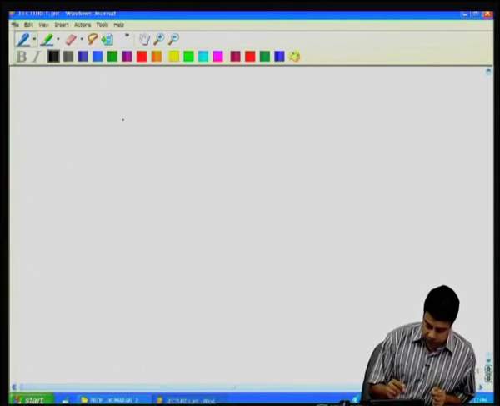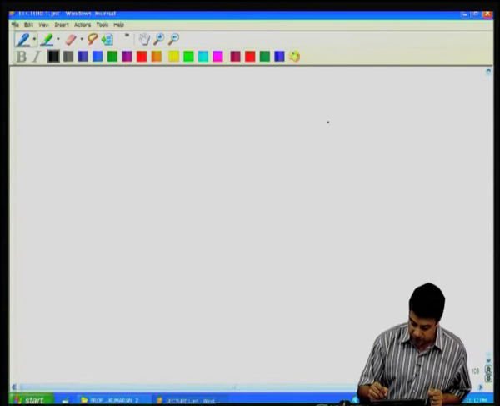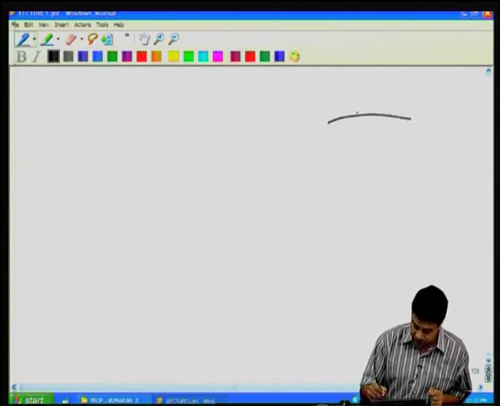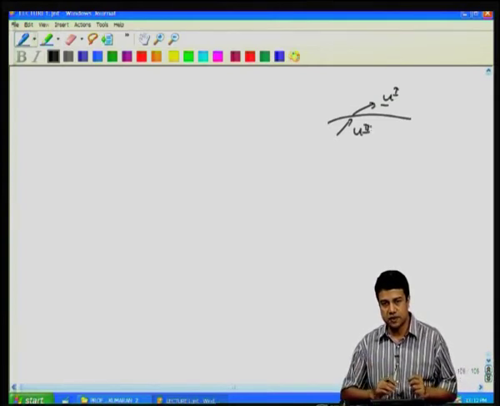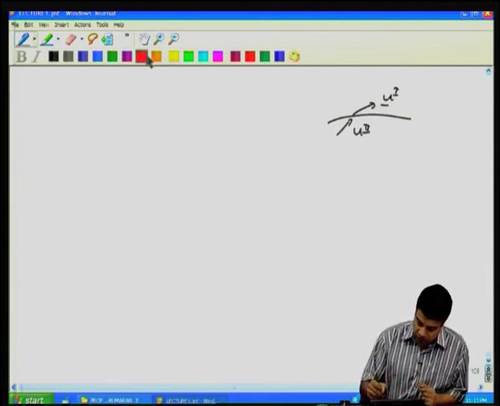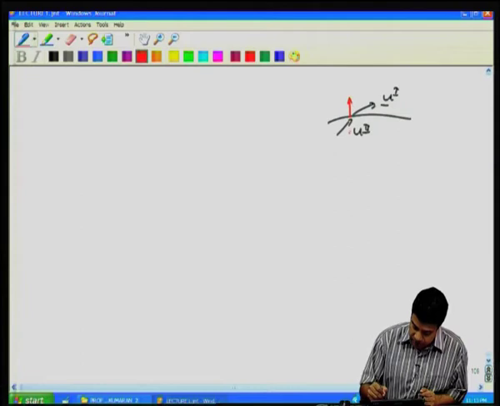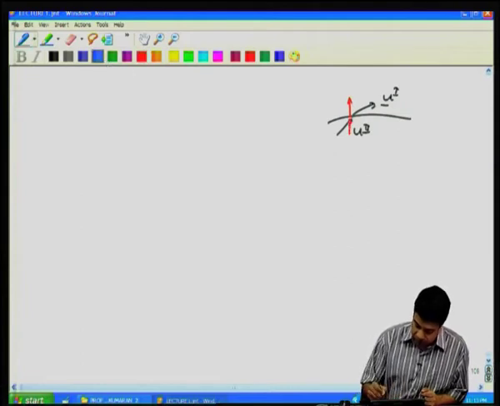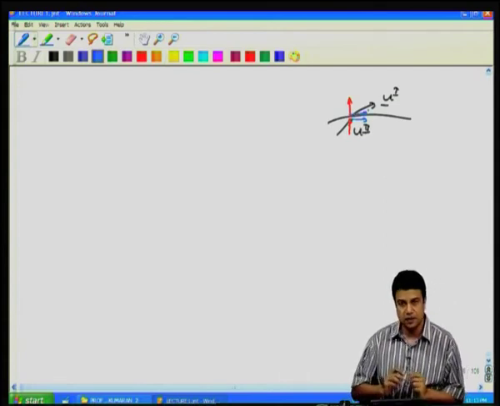The continuity of velocity basically means that the velocity in fluid 1 and the velocity in fluid 2 at a given point on the interface have to be exactly the same, which means that the normal components of the velocities have to be the same and the tangential components of the velocities in the two fluids have to be exactly the same.